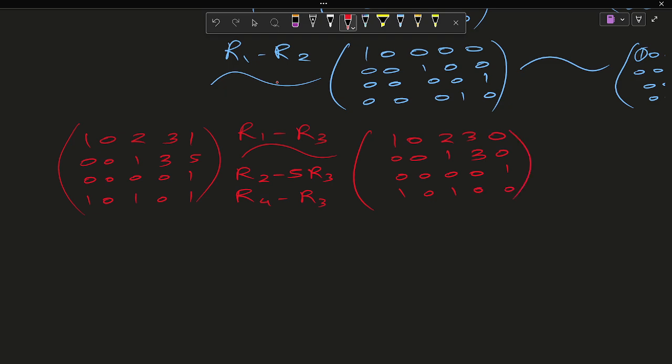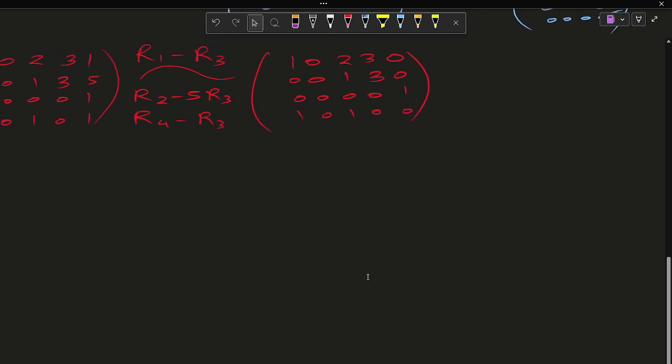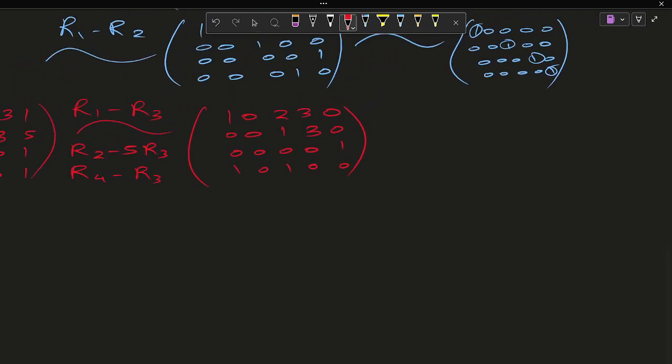Yeah. So now I want to clean this row. So firstly we can do our r1 minus r2.